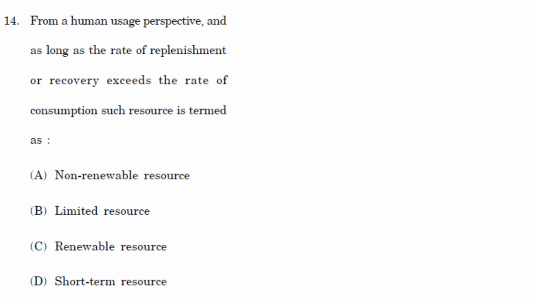That is a renewable resource. That is your solar energy, wind energy, timber, fresh water, all these. If they are managed properly, they will be long lasting for human availability.